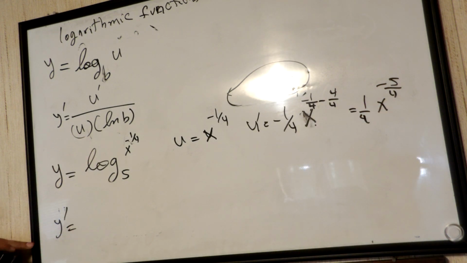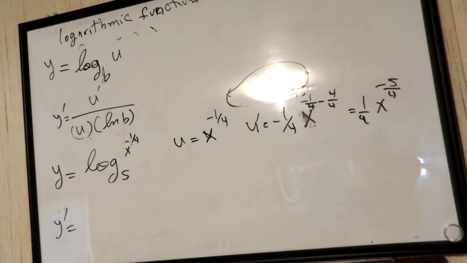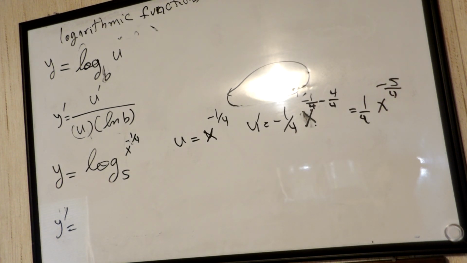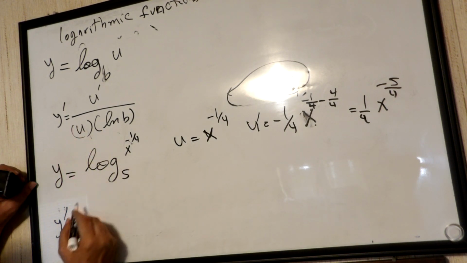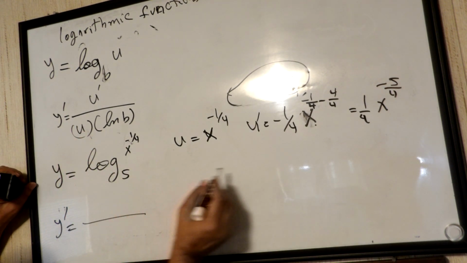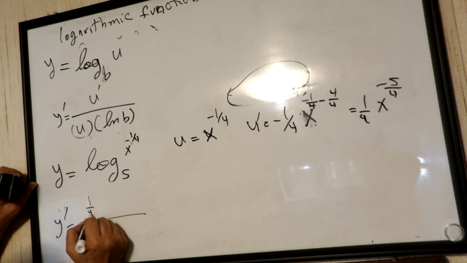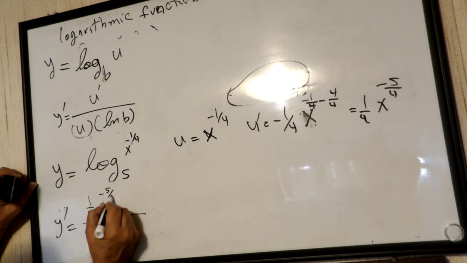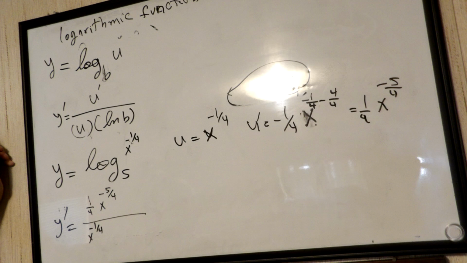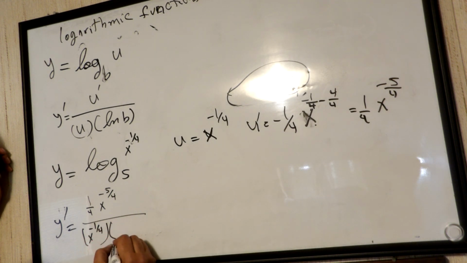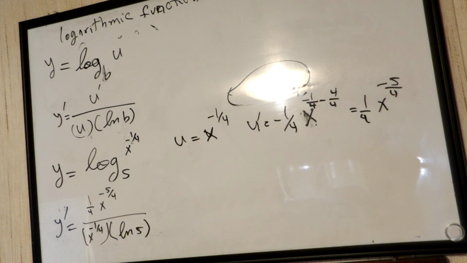y prime is going to be equal to u prime, which is 1 over 4 times x to the power of minus 3 over 4, and u is x to the power of 1 over 4, and times ln 5.